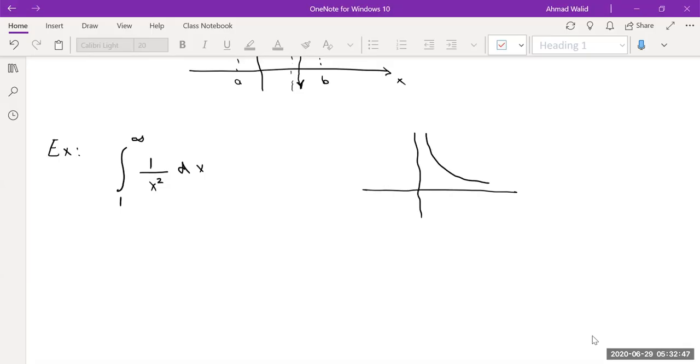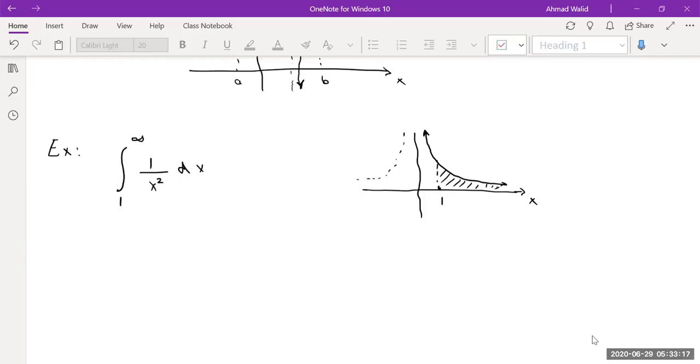You have this side, and you have this side, which I'm not dealing with because my integral starts from 1 to infinity. If this is 1, from 1 to infinity, I want to find this area. This is type 1, correct?